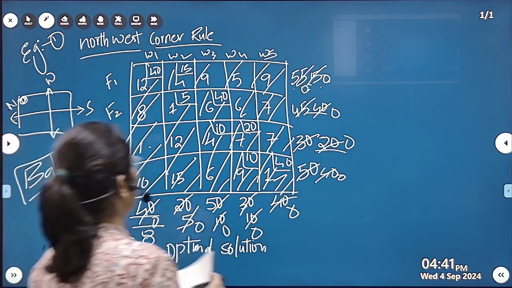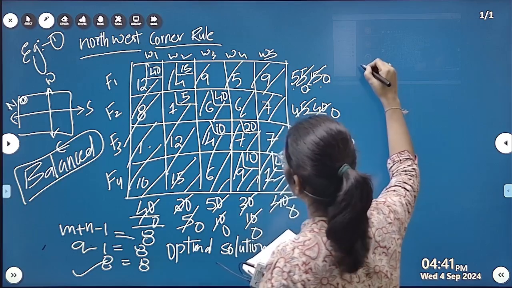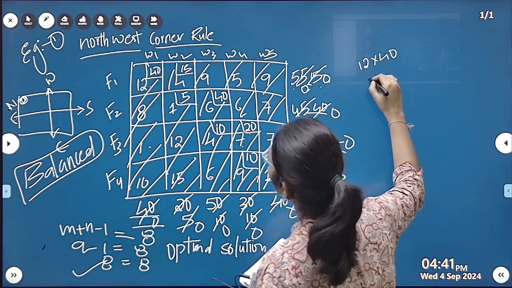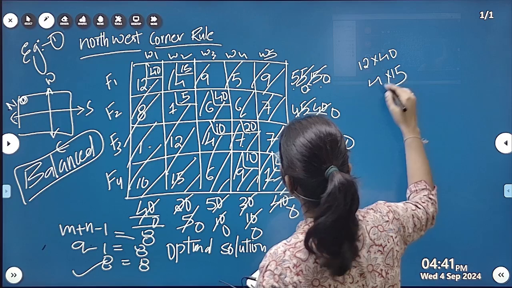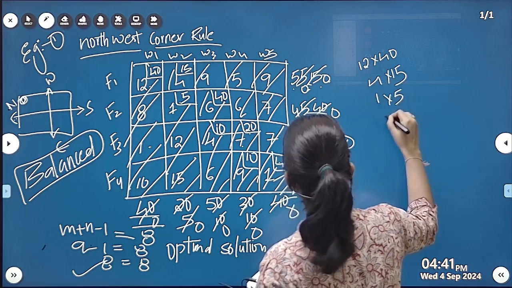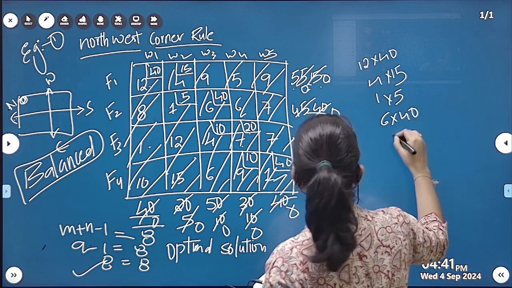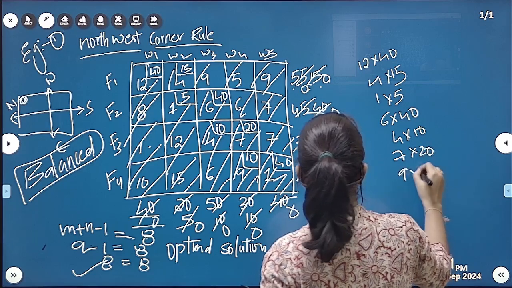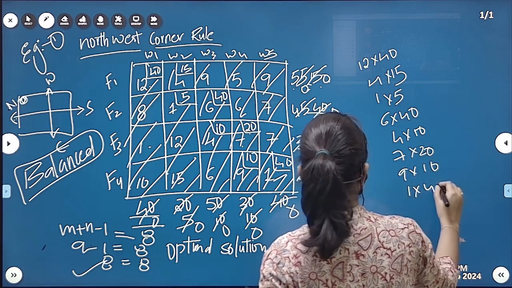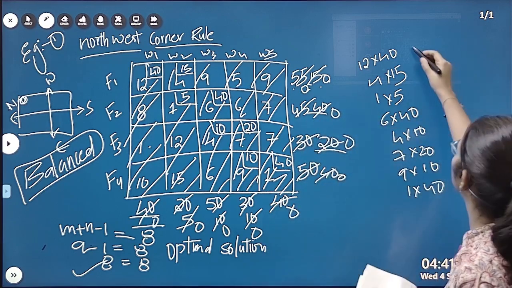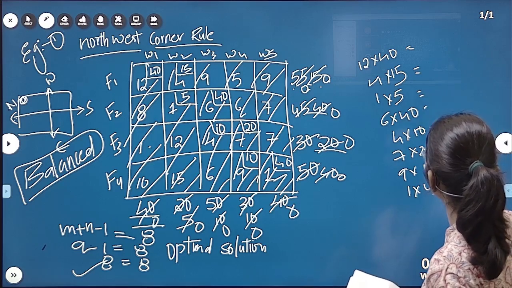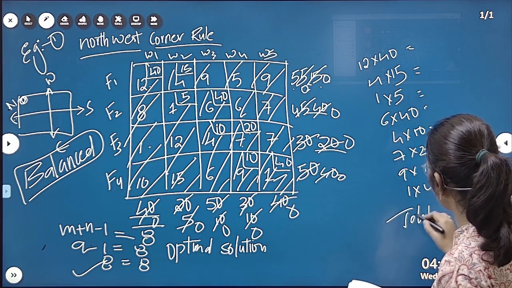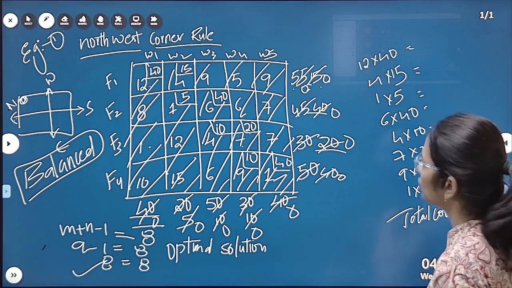So what's the cost will be? 12 into 40, 4 into 15, 1 into 5, 6 into 40, 4 into 10, 7 into 20, 9 into 10, and 1 into 40. So add all these and tell me total amount. Total cost is equal to.